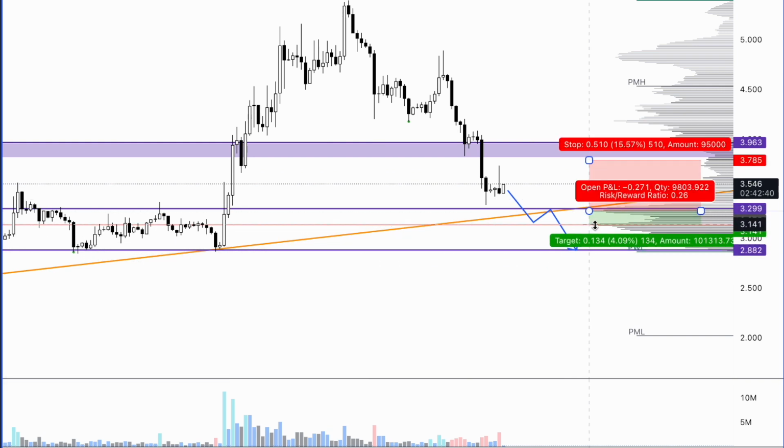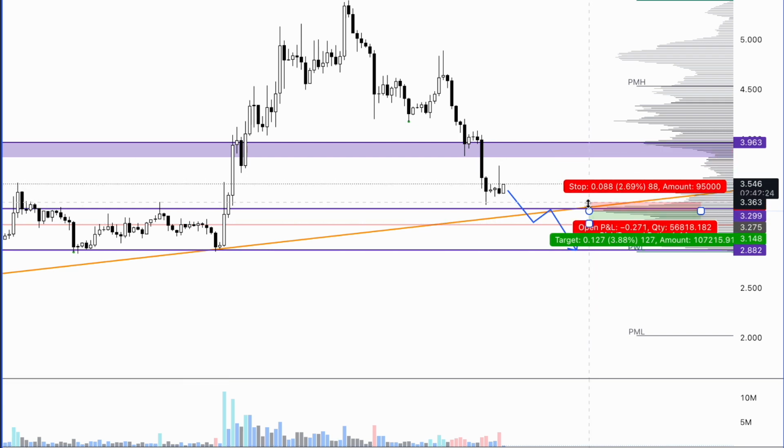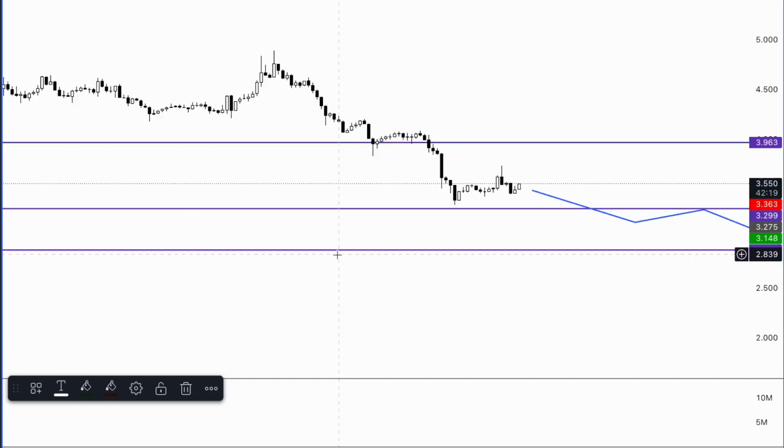So TP1 would be, I mean, geez, that's almost a 3.5% move, with potentially a 10-11% move. So I'm really looking at something like this, and it might be easier if I zoom in.